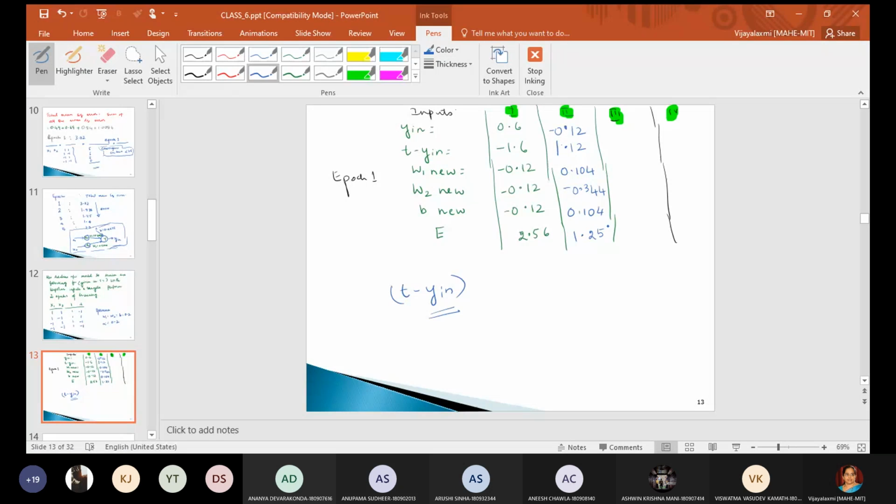So similarly, you have to repeat this entire process for the third input and fourth input. When you are done with all four inputs, the first epoch will be over. According to the problem, for the second iteration you have to repeat.